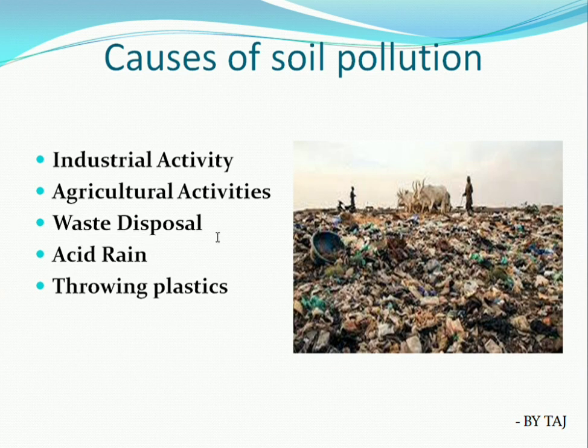Then waste disposal also we have to manage, otherwise it will cause this kind of soil pollution. Even acid rain and throwing plastic outside on the soil, everything causes soil pollution. So we have to be careful about whatever work we are going to do.